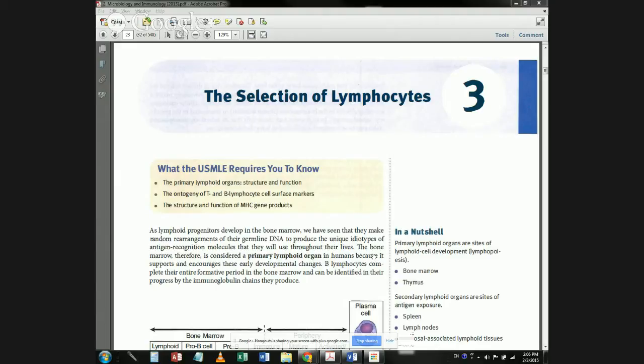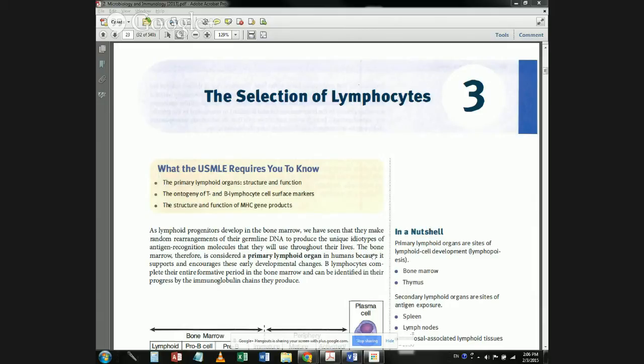So we learned that the primary lymphoid organ is bone marrow because it supports the developmental changes of lymphocytes, and B lymphocytes finish their entire development in the bone marrow. And you can tell how much they've developed based on what kind of immunoglobulin chains they're producing, basically.